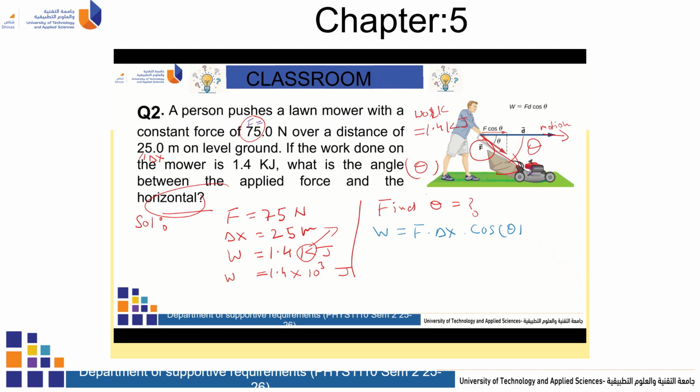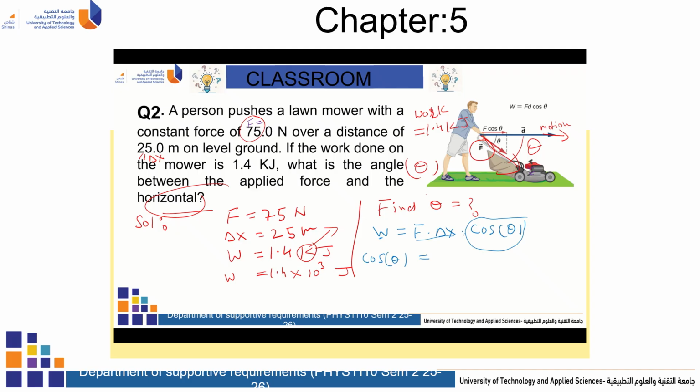Actually here I need to find this. To make it mathematically simple, I will take this factor outside. If I take cosine theta to the extreme left side, it will stay here, and the other factors go to the other side.